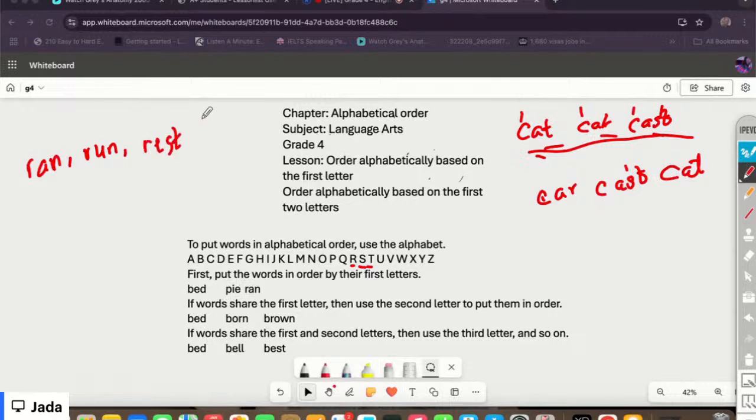Rest. Okay, so they all have the same first letters, but the second is all different. So you have to check from the second letter. So we have run as number one, then we have rest, the second letters as two, and then run as the last one. So that's how it goes.